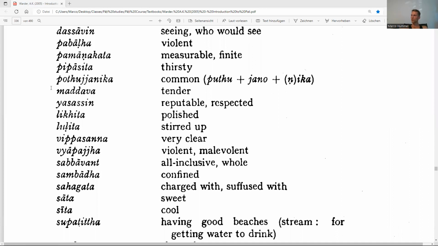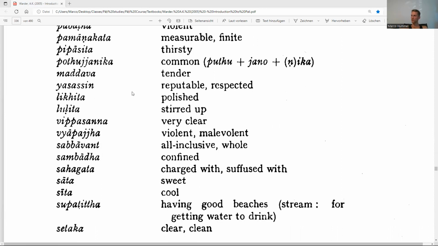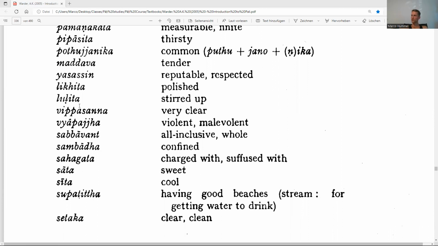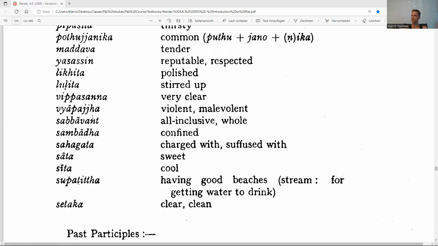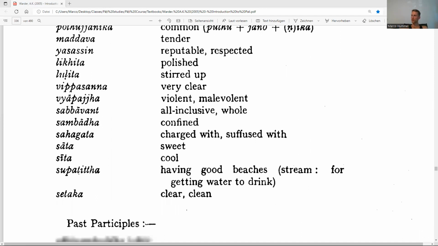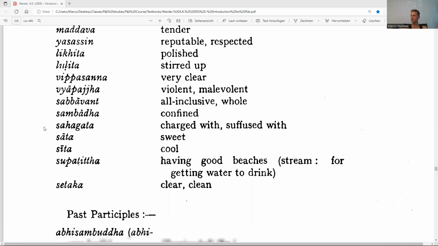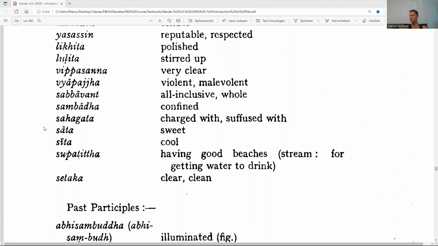Puthujjanika, common. So puthu plus jana plus ika. Mudava, tender, for example, sukhumala mudava. Yasassin, reputable, respected. Likhita, polished. Alulita, stirred up. Vippasanna, very clear. So these three being PPPs. Vyapanna, violent, malevolent. Sabbavant, all-inclusive, whole. Sambadha, confined. Sahagata, charged with, suffused with.